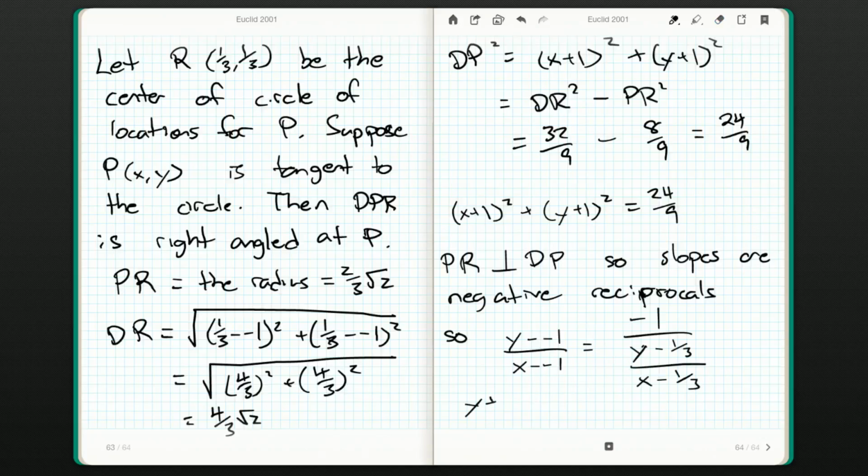Okay, so y plus 1 over x plus 1, so maybe we'll get a nice little ratio between those two guys. That'll be 1/3 minus x over y minus 1/3, and we can multiply these out.